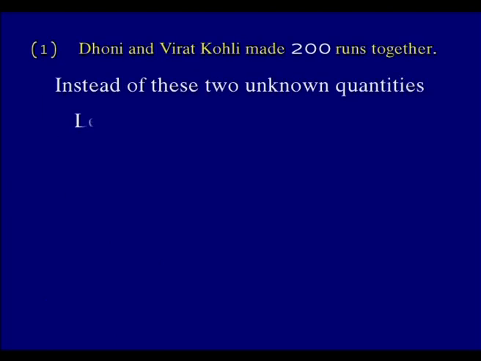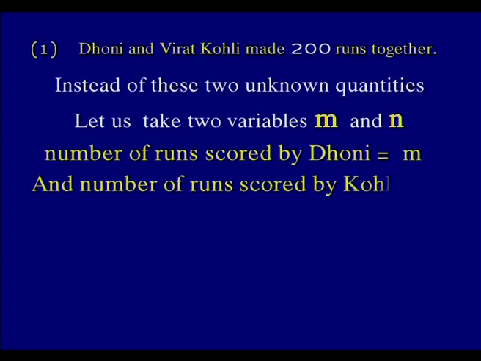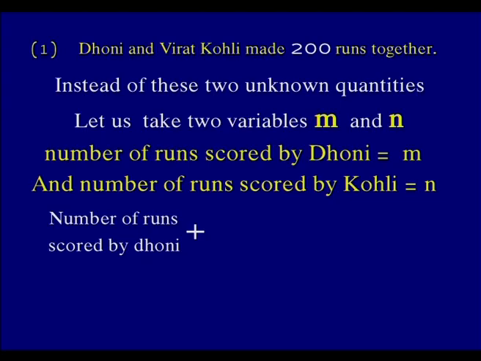Instead of these two unknown quantities, let us take two variables m and n. Number of runs scored by Dhoni is equal to m and number of runs scored by Kohli is equal to n. Now, the number of runs scored by Dhoni plus the number of runs scored by Kohli is given as 200.